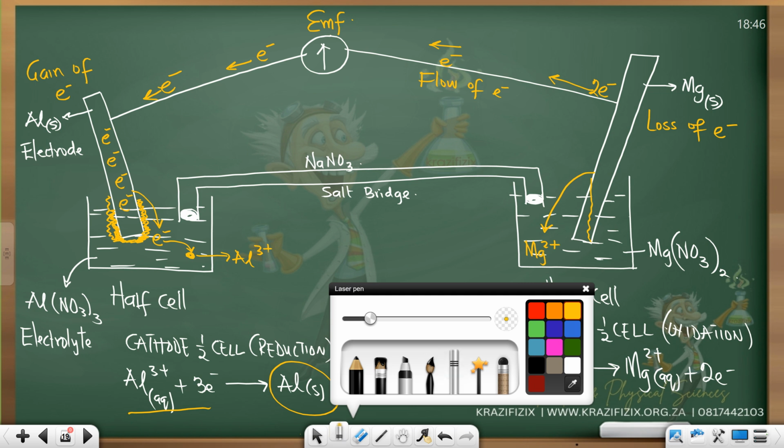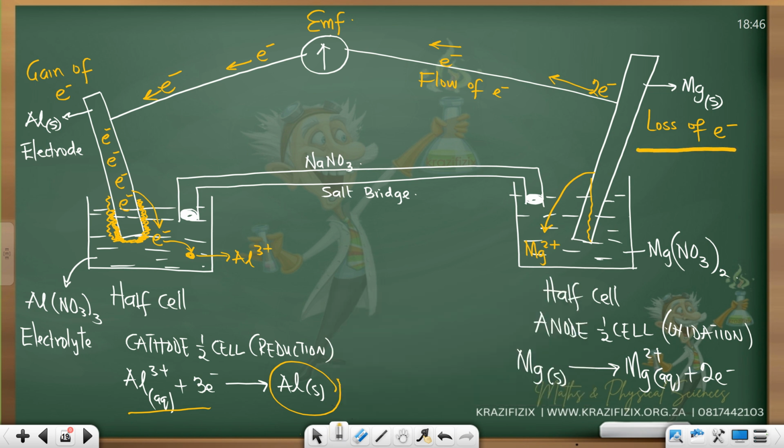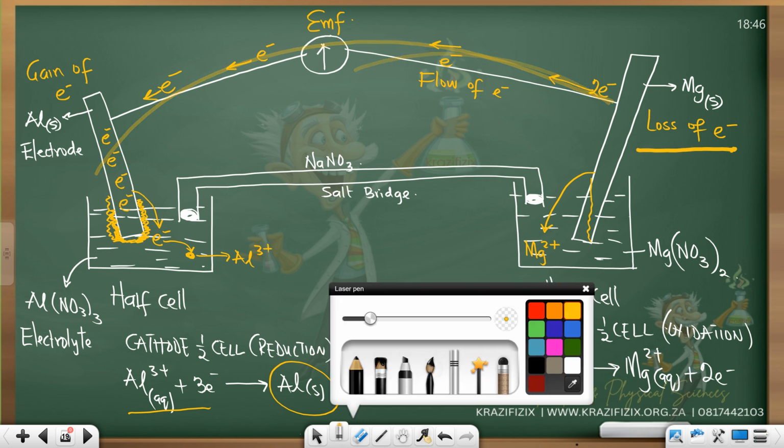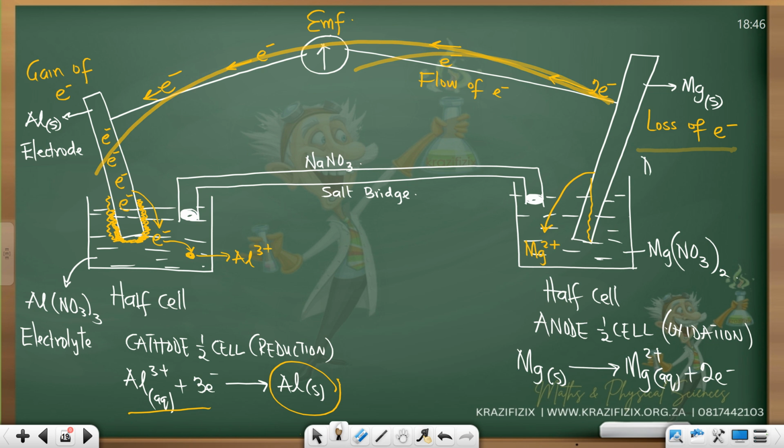What was the first thing we said? Number one, because this guy is a stronger reducing agent, it will be oxidized and it loses what? Electrons. While it's losing electrons, what happens? There's a loss in electrons and a decrease in the mass. Again, you can look at the half reaction to explain that. The solid is becoming what?